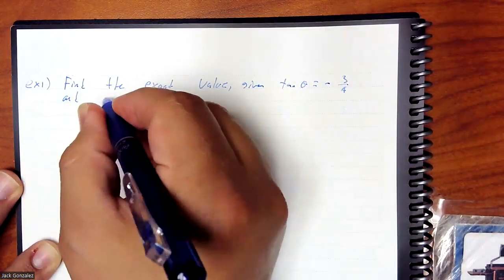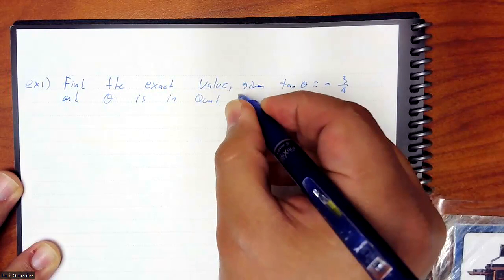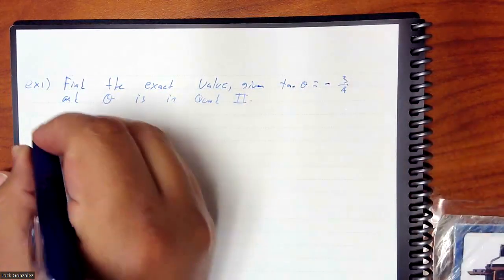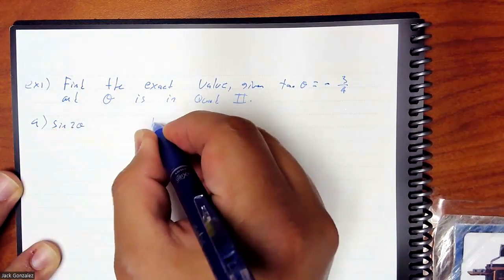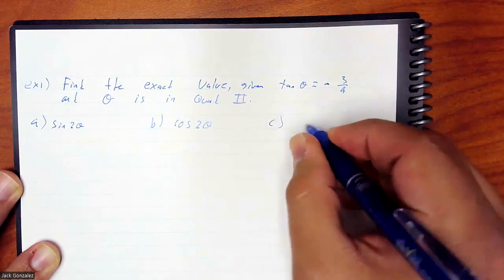And they go ahead and tell you that theta is in quadrant 2. So part A is find sine 2 theta. Part B is cosine 2 theta. C is tan 2 theta.